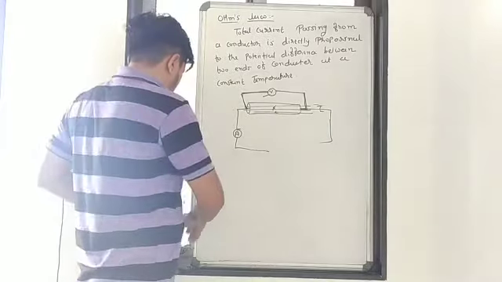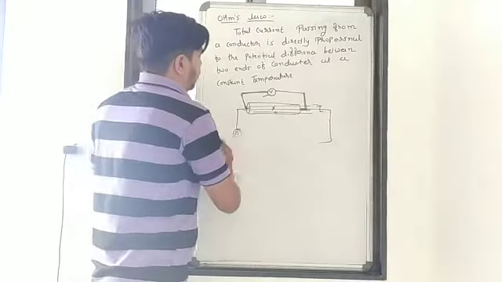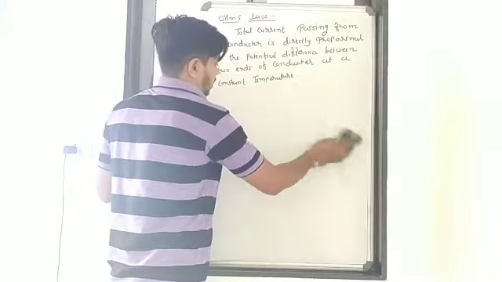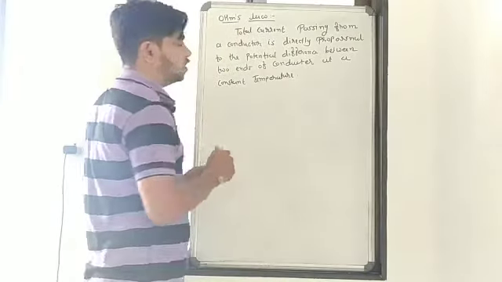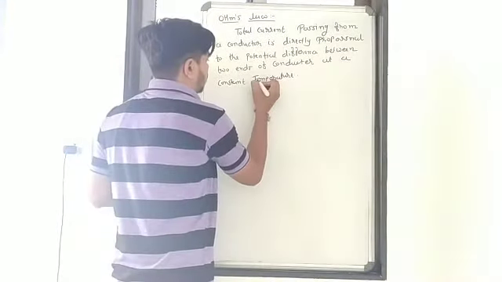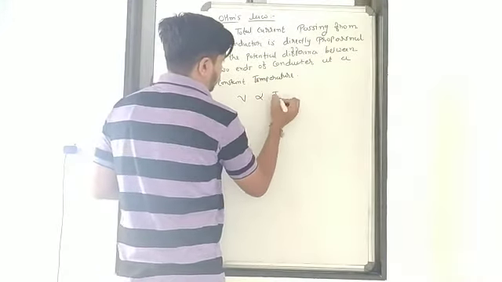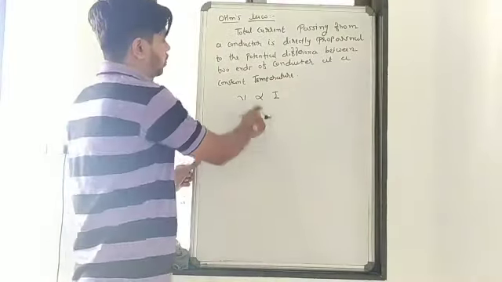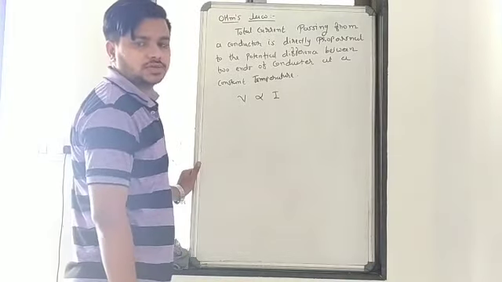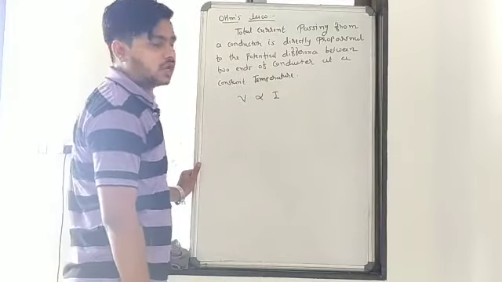So from that you can say that these two are proportional to each other. So you can say that V is proportional to I. If we remove the proportionality, we get two things: one is the equals sign and another is the constant.